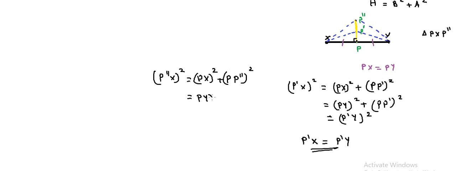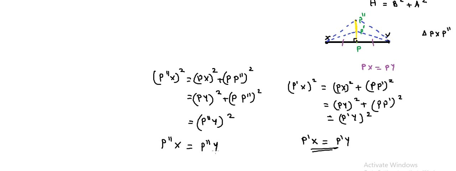So we can write PY whole square plus PP double dash whole square. Now what will be this? PY square means this part. PY square plus PP double dash square means this part. So this will be equal to P double dash Y whole square. So now P double dash X and P double dash Y are distances. So taking the square root we get P double dash X equal to P double dash Y.